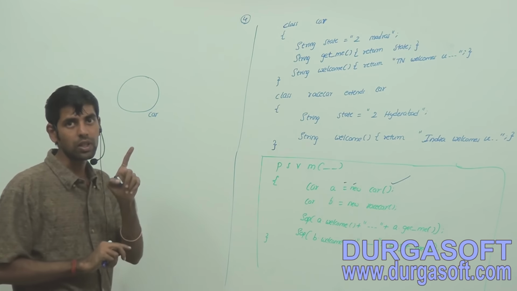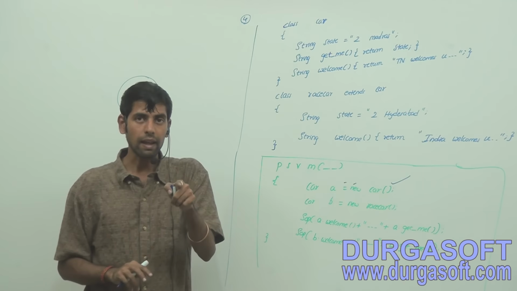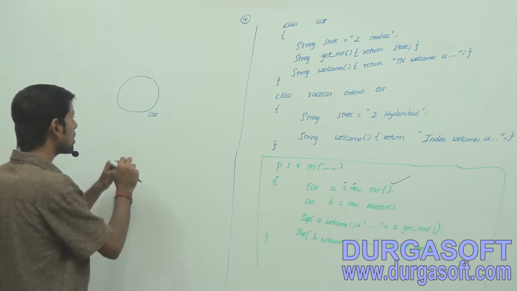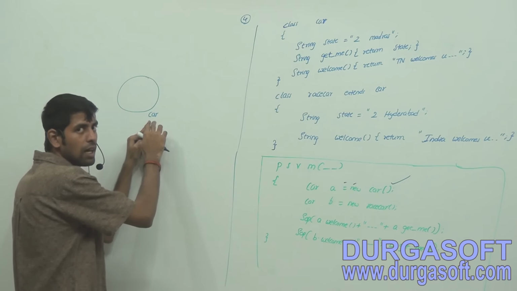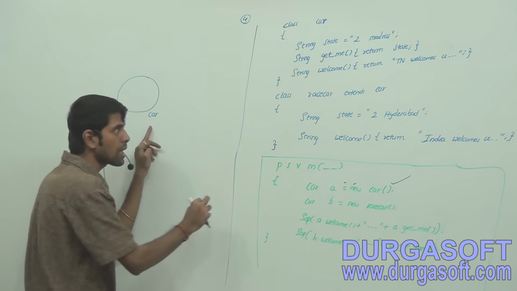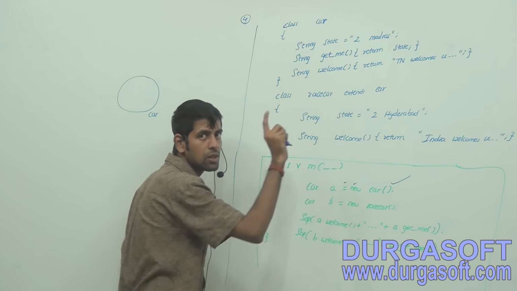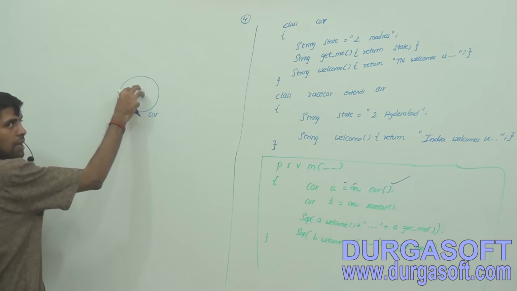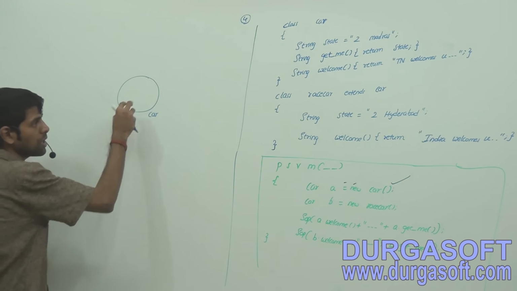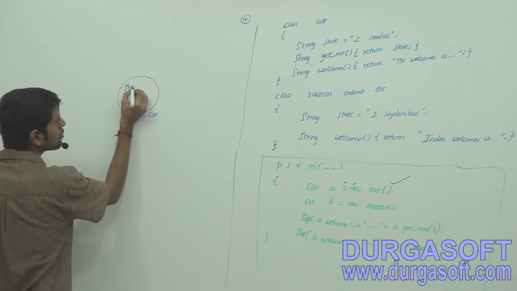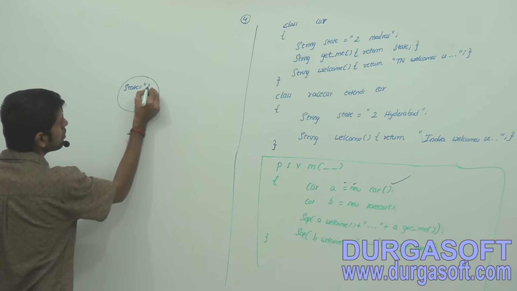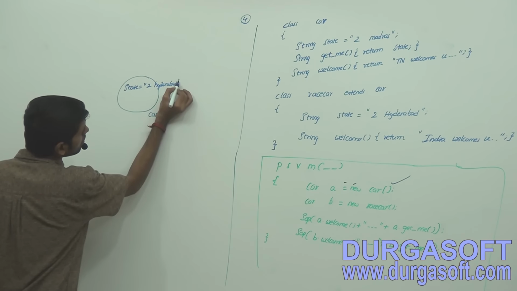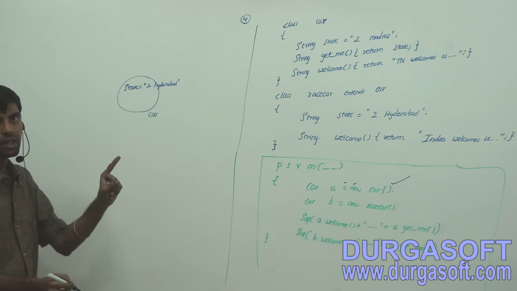I said one thing there: if there are any instance data members in the underlying runtime object's corresponding class, they will be part of our instance. Now what should be here? State equal to Hyderabad. Done. First thing has been done.